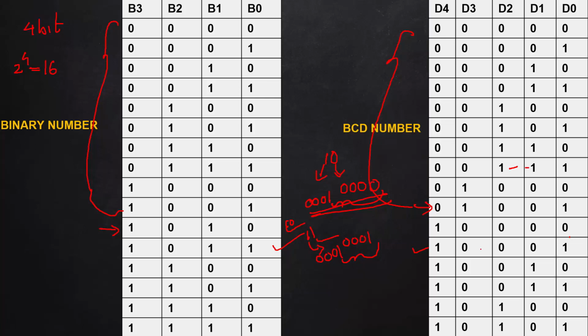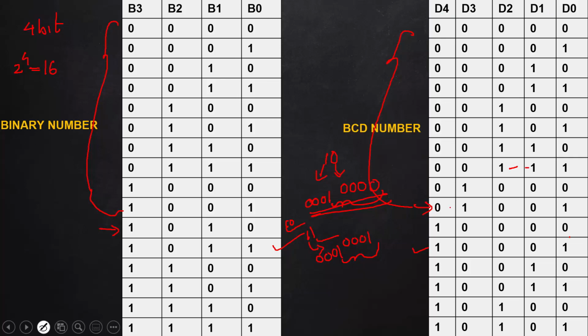So for representing the BCD of a number greater than 9, we need a minimum of 5 bits. That is why we are considering the fifth position here in this output table, because we need to derive the BCD of a total of 16 different symbols. We have numbers from 0 to 9, and after that we need to represent the BCD of 10, 11, 12, 13, 14, 15. So in our output, we need to consider 5 different bits.